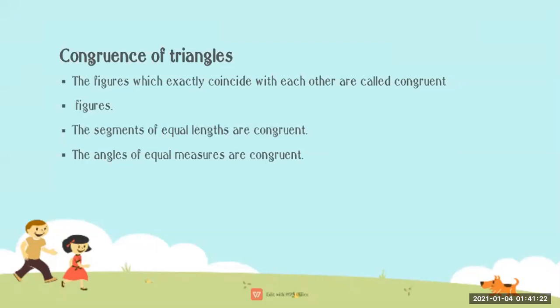For length also, if in a triangle ABC, AB is 5 centimeter, and in another triangle PQR, PQ is 5 centimeter, that means it is having the equal length and they are congruent. So congruent means what? Having equal length.